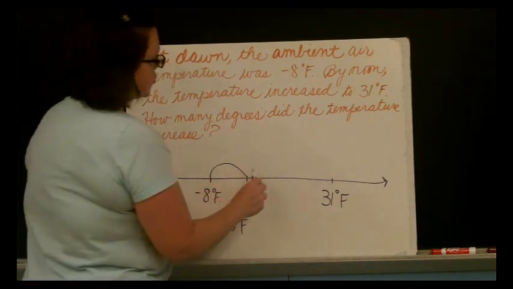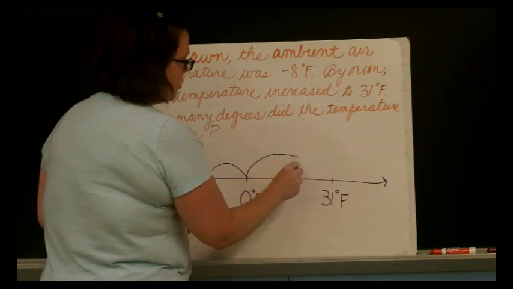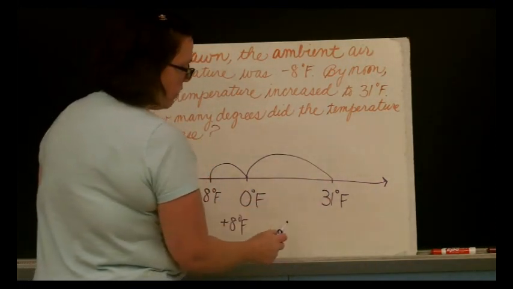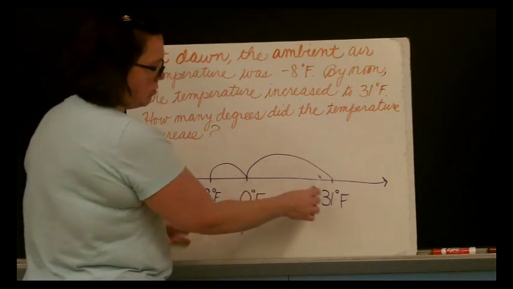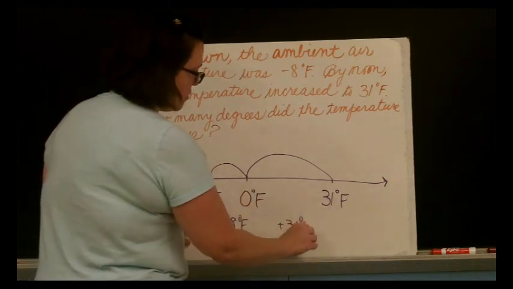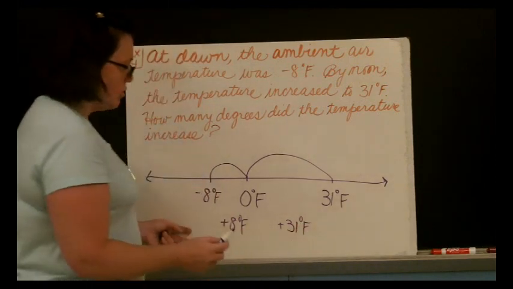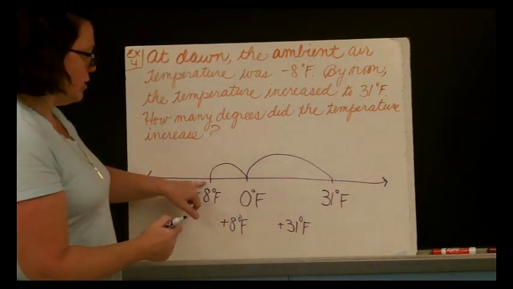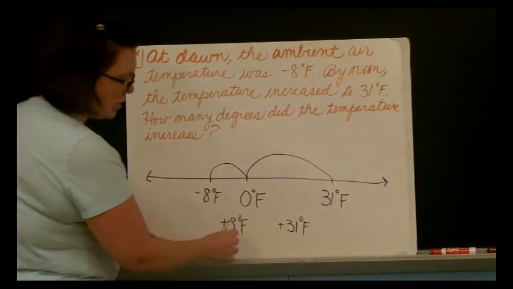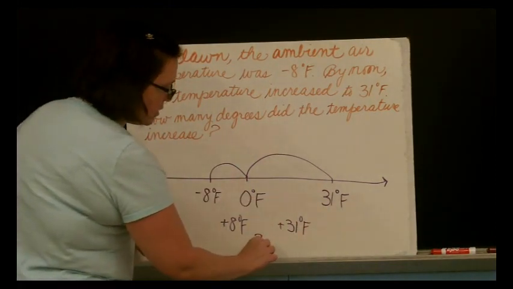And then the temperature continued to climb until noon, and from there it shot up to 31 degrees Fahrenheit, and the difference between 0 and 31 is an increase of 31 degrees Fahrenheit, which means that from dawn until noon, the temperature increased 39 degrees Fahrenheit.